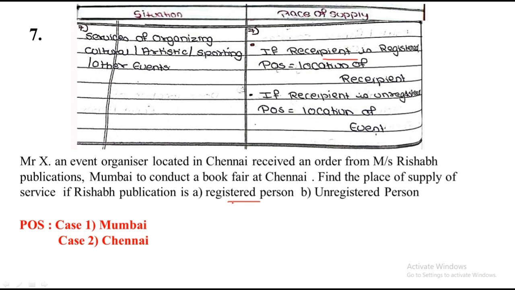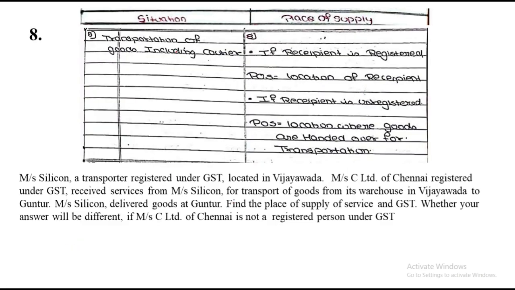Now we have the last two situations. Situation number 8, transportation of goods including courier. Now, if the goods are being transported, and if the recipient is registered, his location will be considered, and if he is not registered, then the location where the goods are handed over for transportation will be considered.